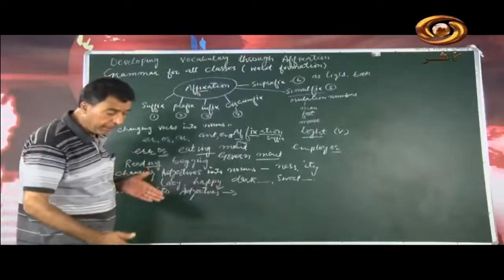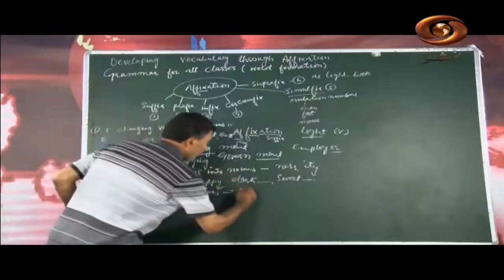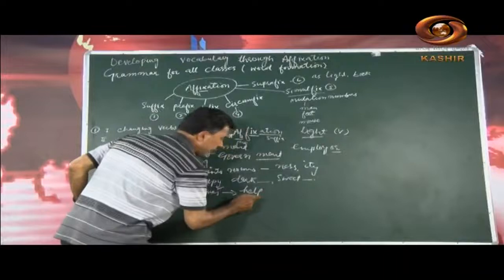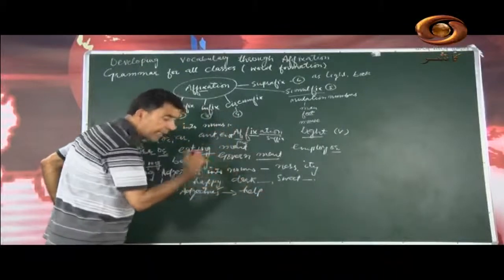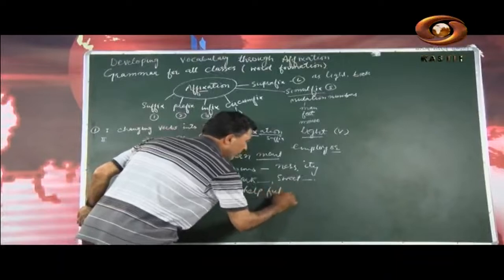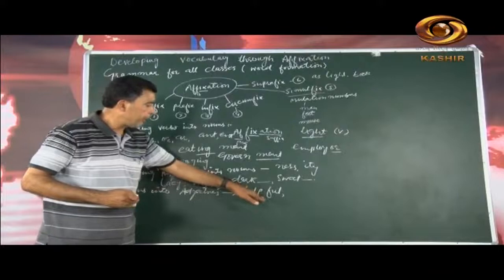Now here is a word, for example, help. We can use help as a noun also, as a verb also, but if we use FUL at the end as a suffix, it is helpful.